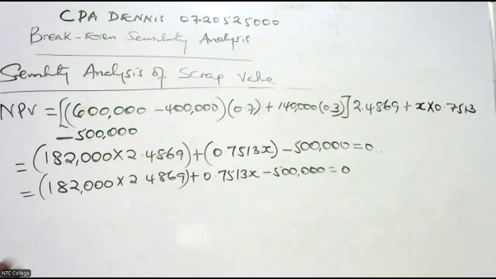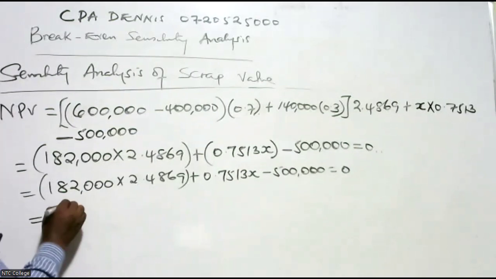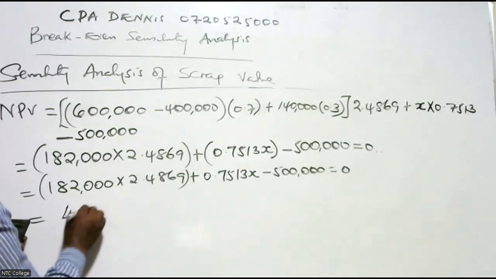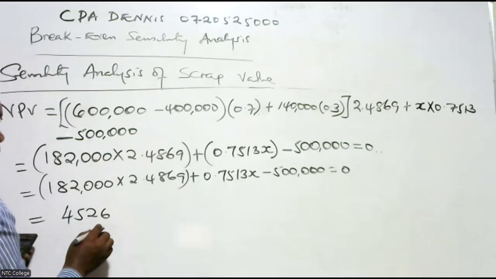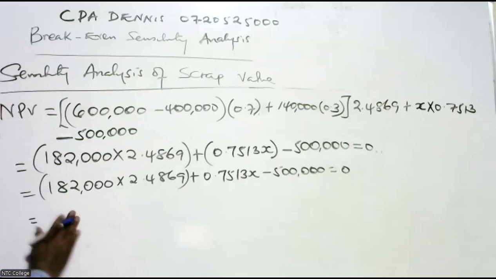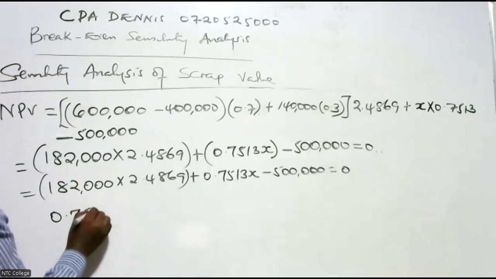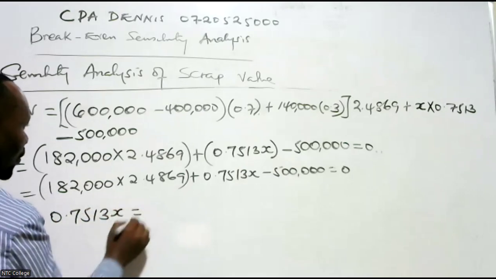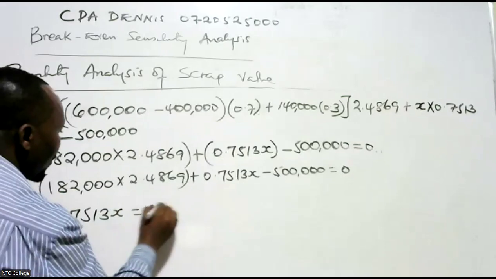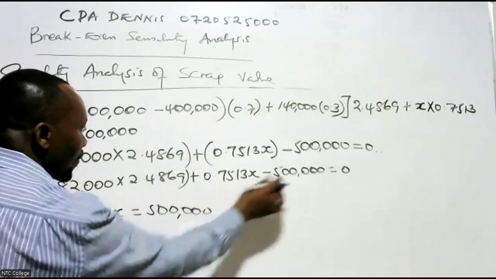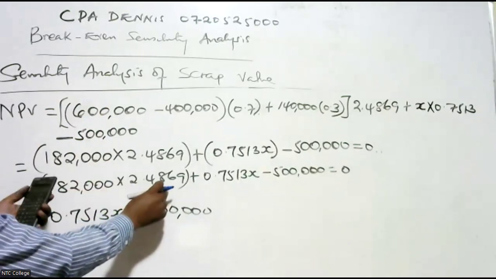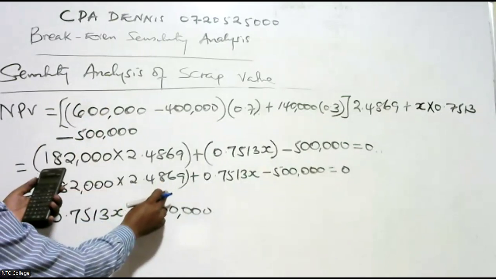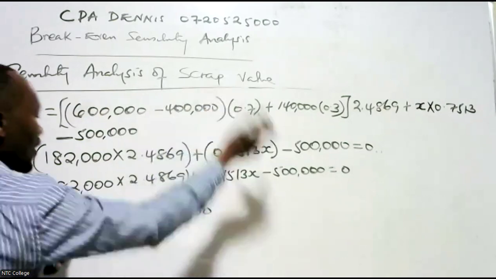You get 452,615.8. In fact, we can do it the other way around, so that we have 0.7513x is equal to, we cross the other side, 500 will be positive now. This 500, when it crosses, it becomes positive. This times this is 452,615.8. So when it crosses, it becomes negative.